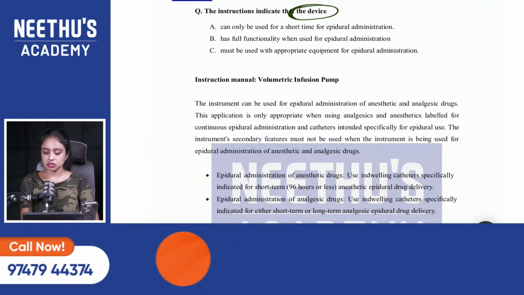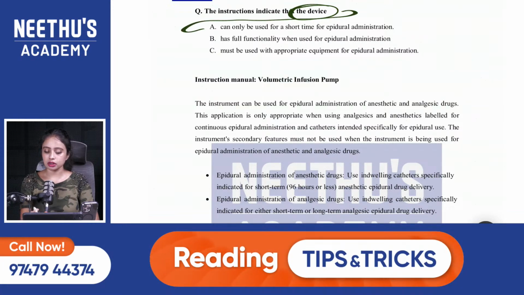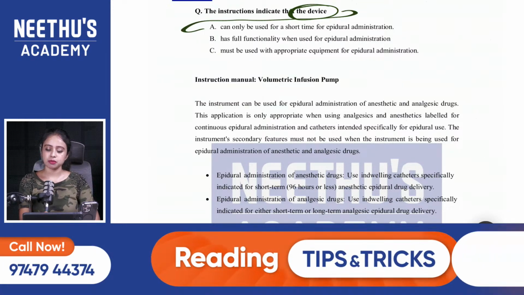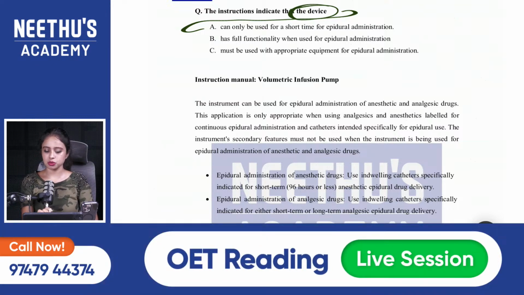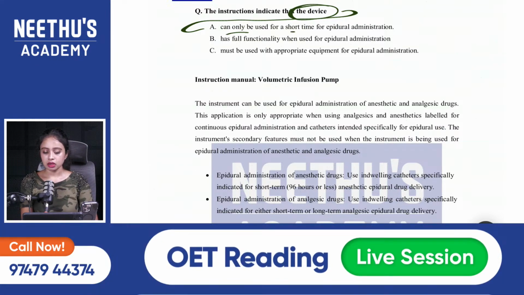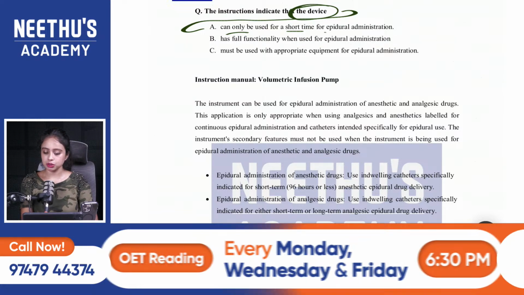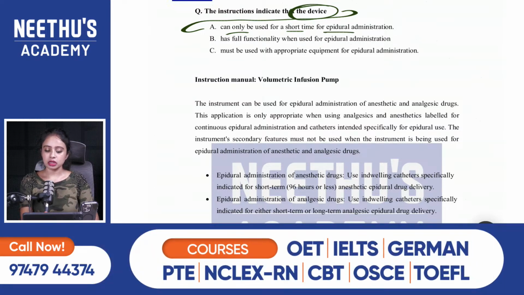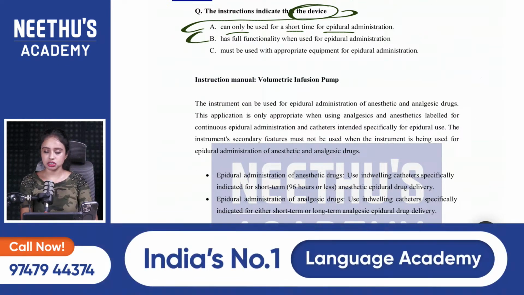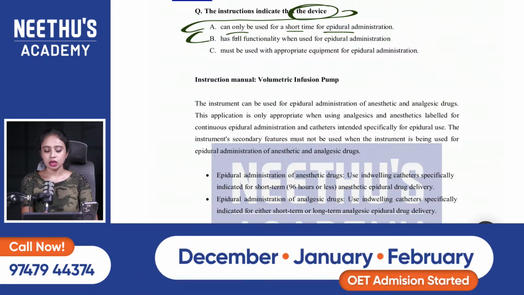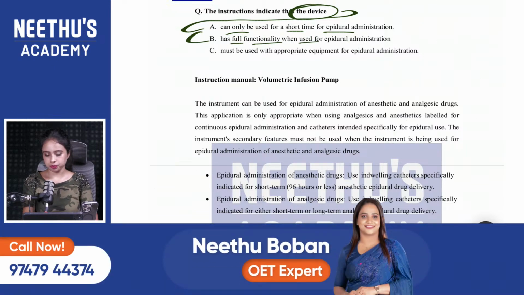So the instructions indicate that the device can only be used for a short time for epidural administration. So my keywords are short time and epidural. Then option B, instructions indicate that the device has full functionality when used for epidural administration. Full functionality and used.